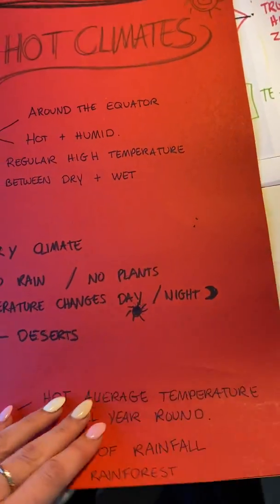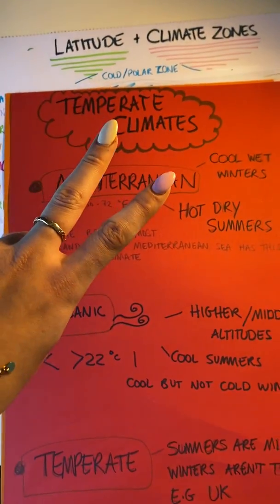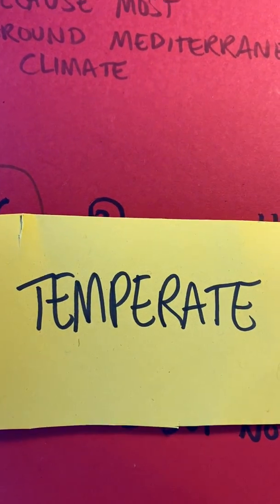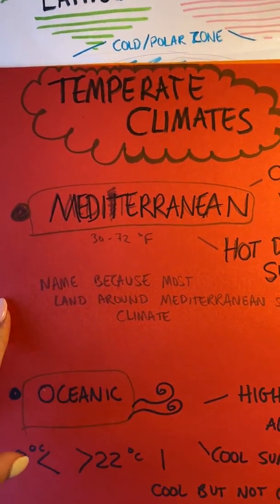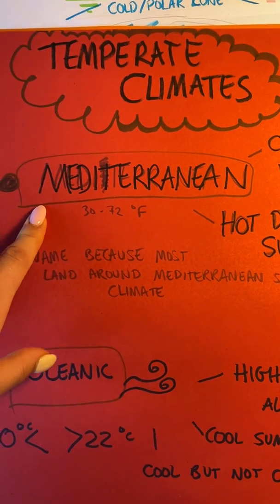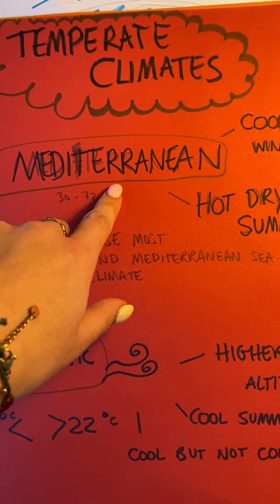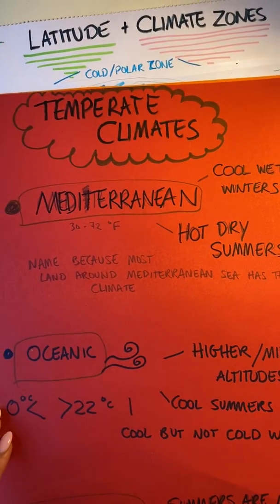Fabulous. Now, climate number two, temperate climates, as we discussed earlier. Temperate climates include Mediterranean.